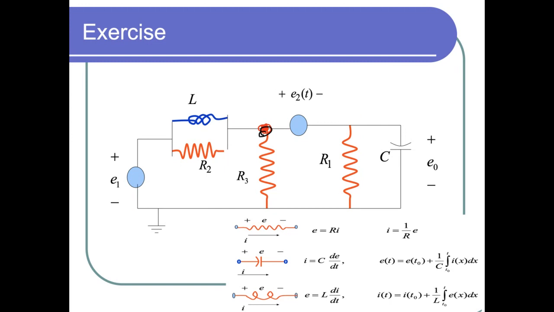Why? Because of L and R. Okay, so KCL here, technically you apply KCL because the current that goes out from here travels through the inductor and travels through the resistor here.